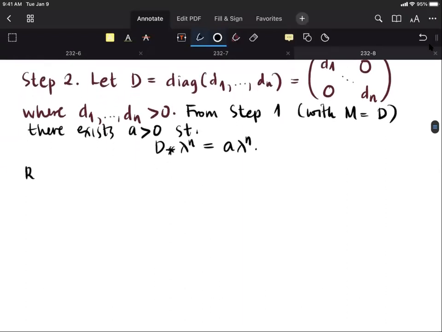So to compute A, first let us recall our notation Q1. So this is the unit cell.